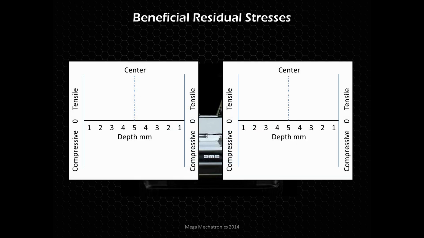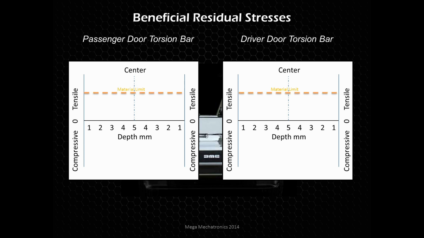So we have our passenger door torsion bar, and we have our driver door torsion bar. And let's say the dashed orange line is the material limit. That's whatever material they're using, the yield strength, for example, before the torsion bar starts permanently getting deformed and failing.